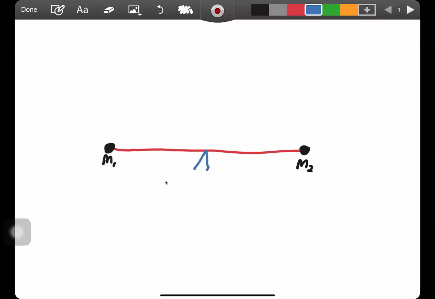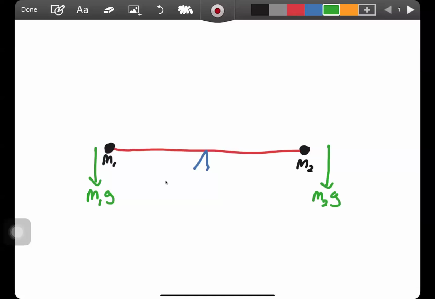So essentially, you're going to have two different torques acting on the teeter-totter. You're going to have a force here due to gravity on the person of mass 1, and so that's M1G. And then you're also going to have the force of gravity on the second person.